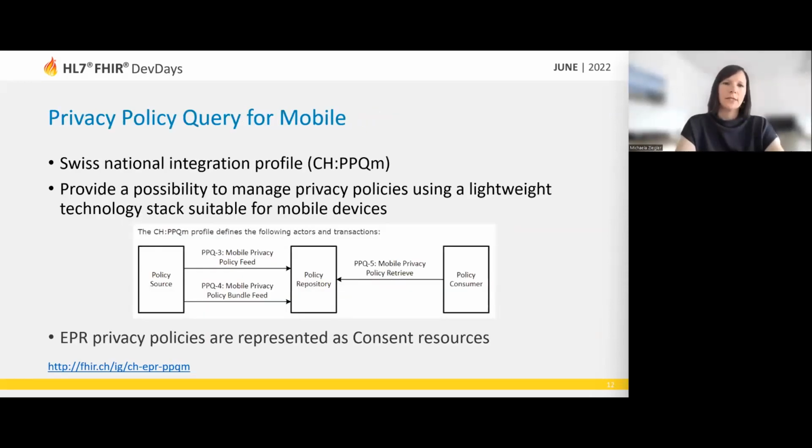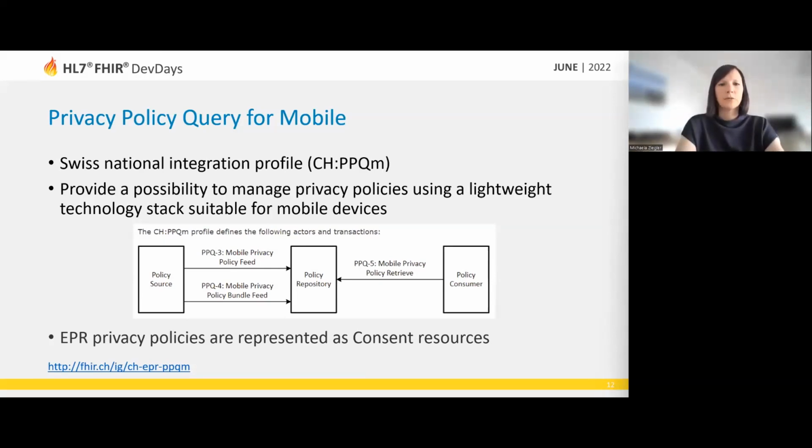Another national integration profile for mobile applications is the profile Privacy Policy Query for Mobile. The PPQM profile is to provide the possibility to manage privacy policies using a lightweight technology stack suitable for mobile devices.